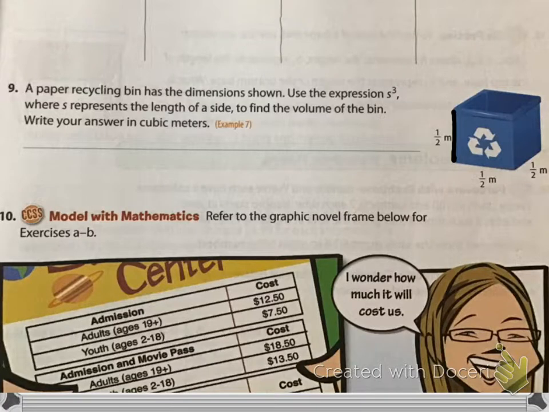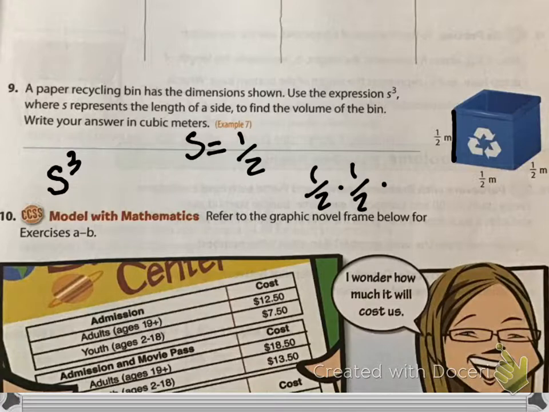And as Jaden said, because it is S cubed and S itself is equal to 1/2, it just becomes 1/2 times 1/2 times 1/2. What is 1/2 times 1/2 times 1/2, Adriana? 1/8. So the answer is literally 1/8, but we would write it meters cubed. That's just all we would write.